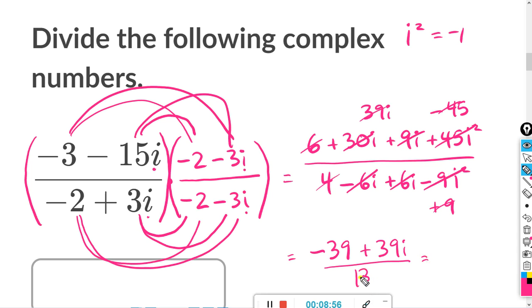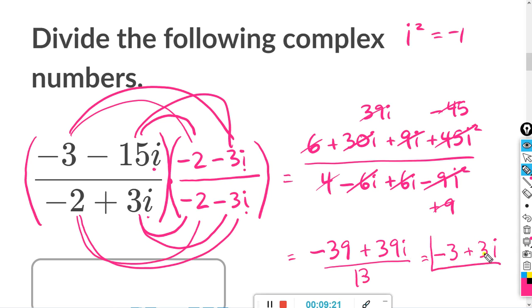Okay. Remember, when you're adding or subtracting over a common denominator, each of those terms are over the denominator. So -39 divided by 13 is -3. And 39 divided by 13 is +3. And we still have the i.